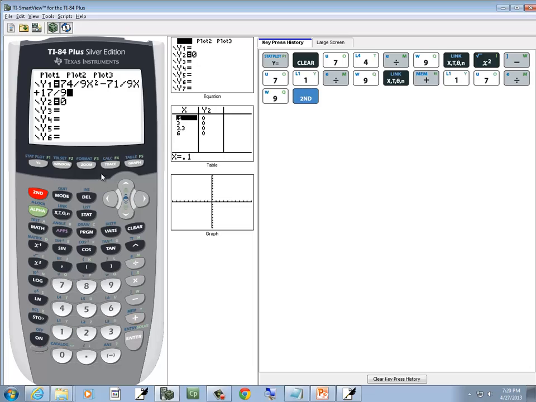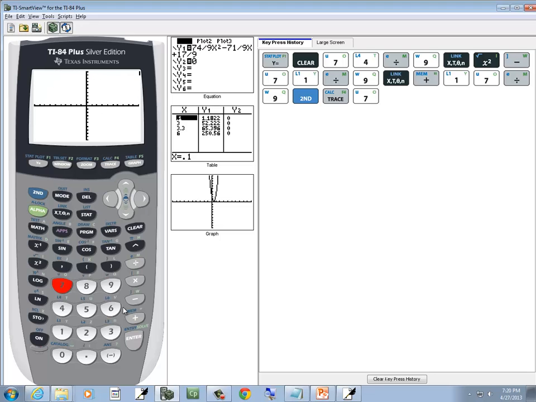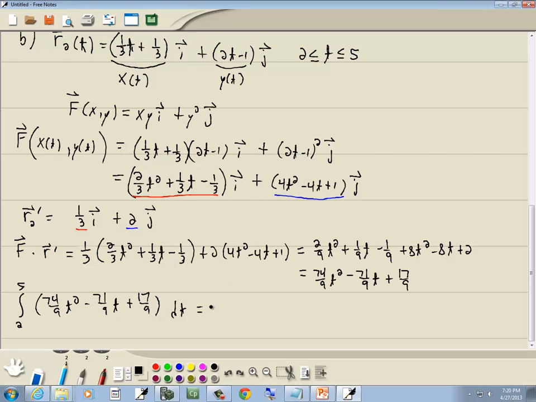And then I'll do second trace and choose number 7, which looks like an integral. We're going from 2 to 5, so for the lower limit I'll put in 2, upper limit I'll put in 5. And this gives us 243.5.